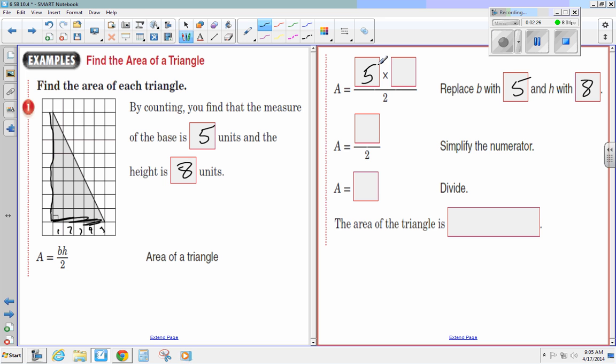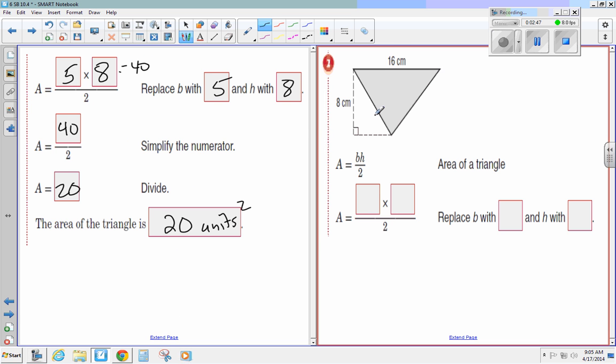Plug in those numbers, base times height. Well, 5 times 8 is 40. And then 40 divided by 2 is 20. So the area of the triangle is 20 units squared.